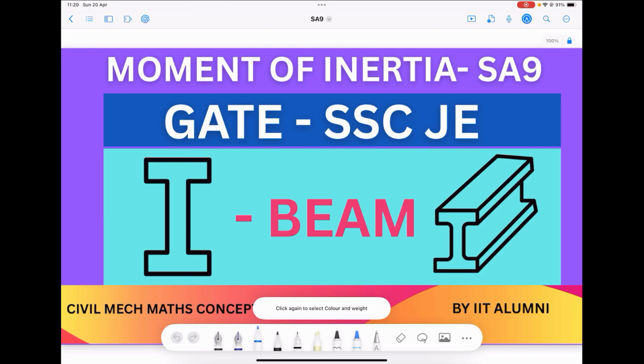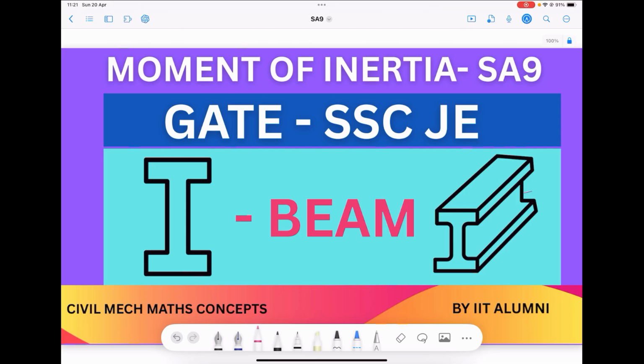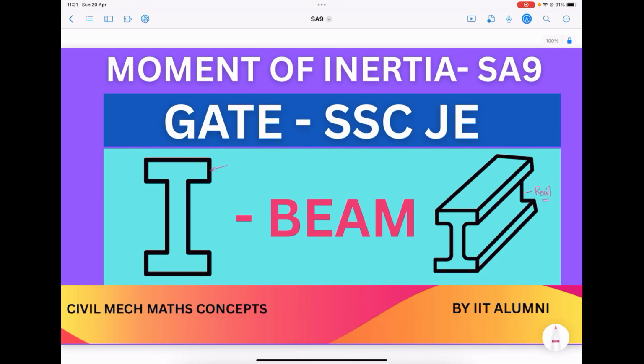This one is a rail, and this type of beam is being used in many factories, on bridges, or in house structures. That means I-beams are very common in almost all walks of life.